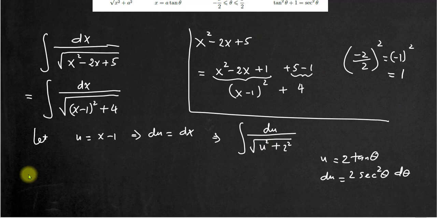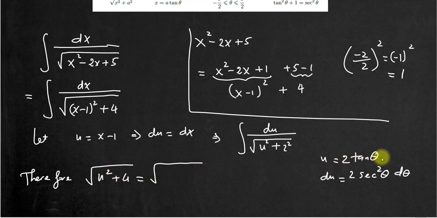So the square root of u squared plus 4 is going to be equal to the square root of 2 squared tangent squared theta, which is 4 tangent squared theta, plus 4.